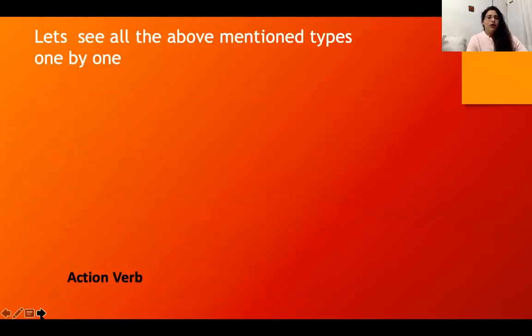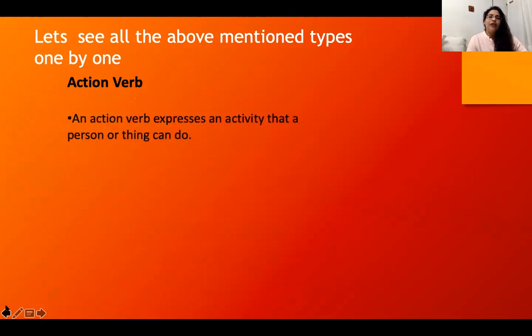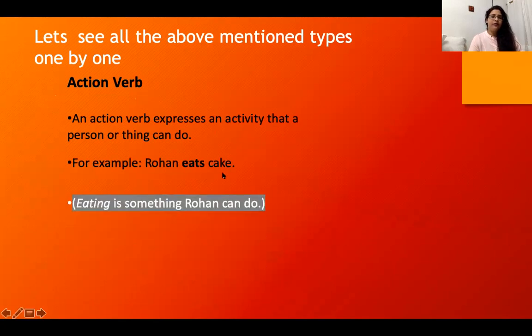So the first one is action verb. An action verb expresses an activity that a person or a thing can do. It represents the physical action which a person can perform. For example, Rohan eats cake. Eating is something Rohan can do.